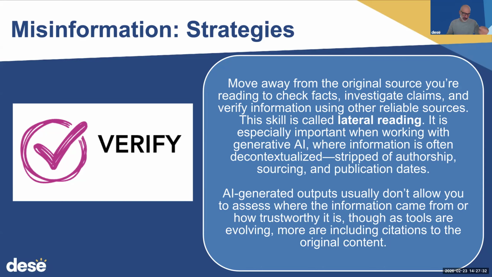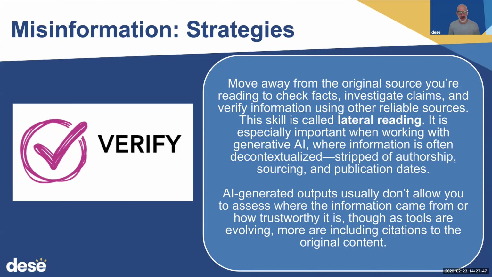So this idea of laterally taking a concept, maybe exploring it in three different independent searches separate from generative AI, to see: where did this idea come from? Where does this appear in other sources? Who may be the author of this original idea?